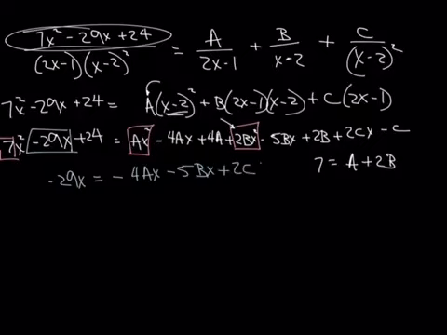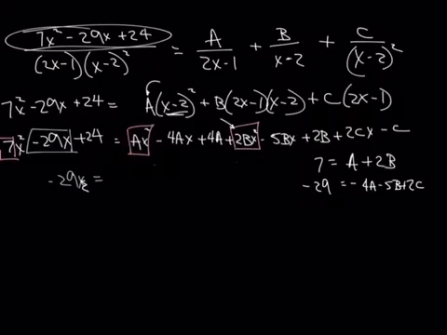And then because the x's appear in all of these on both sides, they can go away. So negative 29 equals negative 4A minus 5B plus 2C. Okay, now we can erase that.